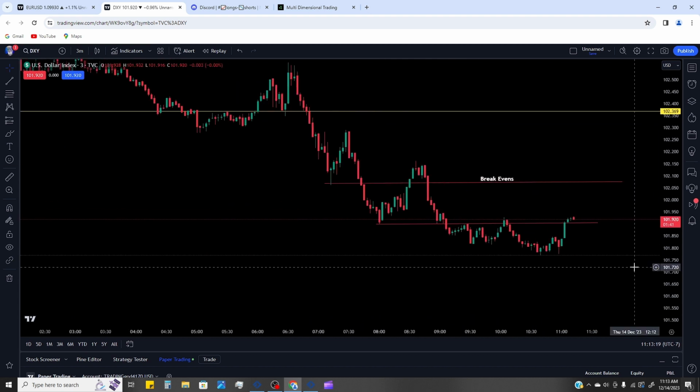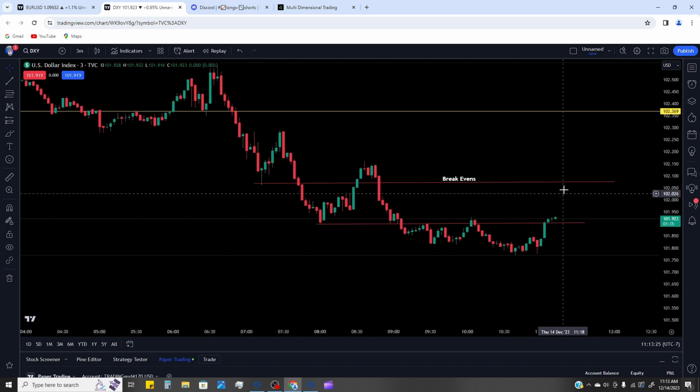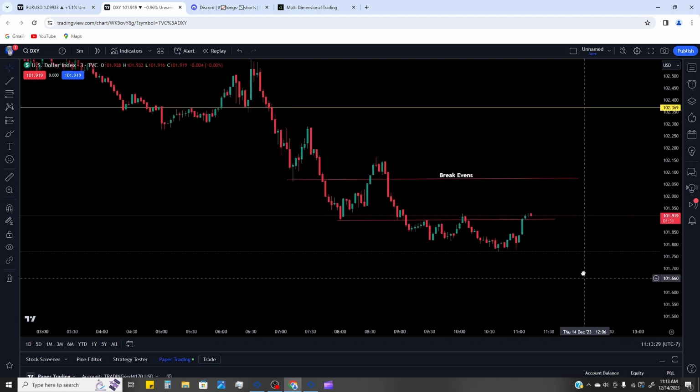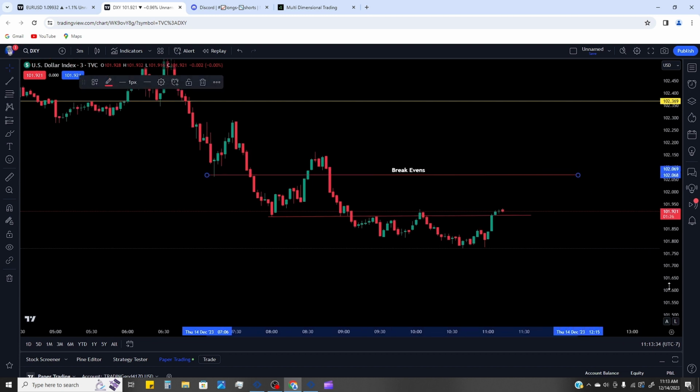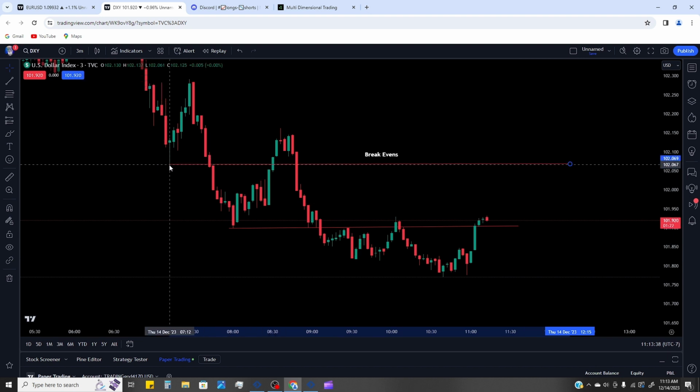We're looking at which side of the market we are on. Are we on the long side of the market or the short side of the market? If we're on the long side, break evens are just where we take profit. Okay, if we're on the short side, equal lows are just where we take profit. It's as simple as that.